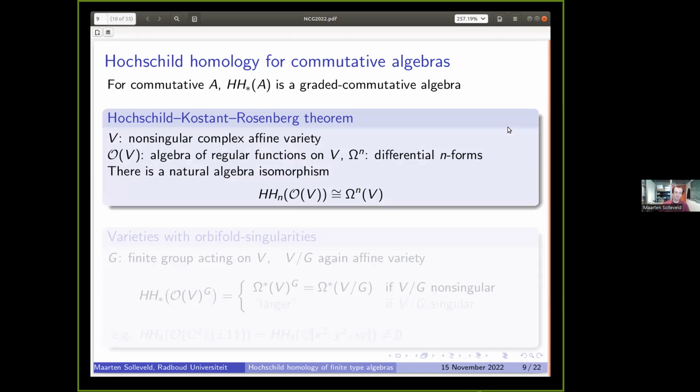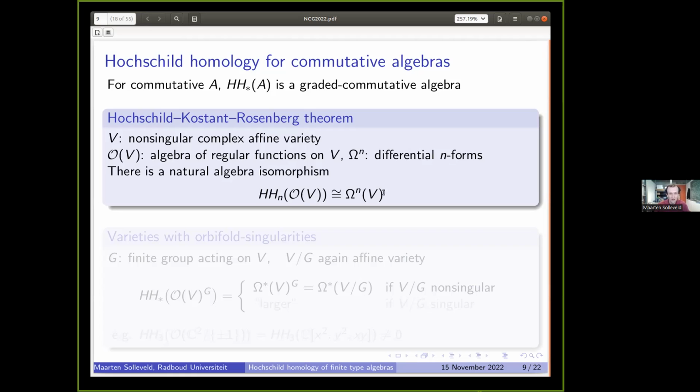And then there's this well-known theorem due to Hochschild, Kostant, and Rosenberg, saying that if you start with a complex affine variety and require that it is non-singular, then the algebra of functions on this variety is very well behaved. It's what people call a smooth algebra.